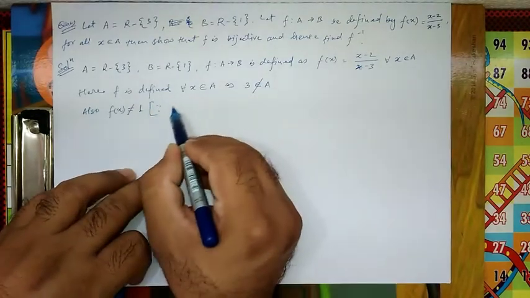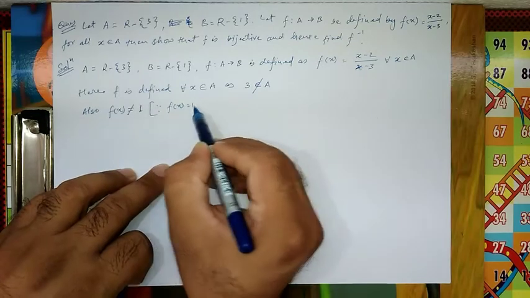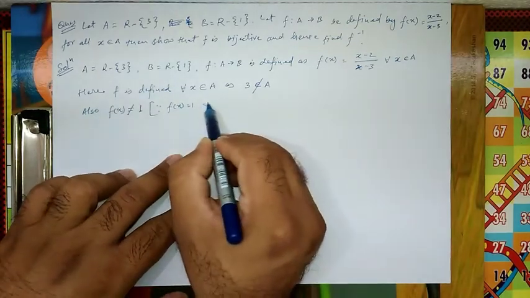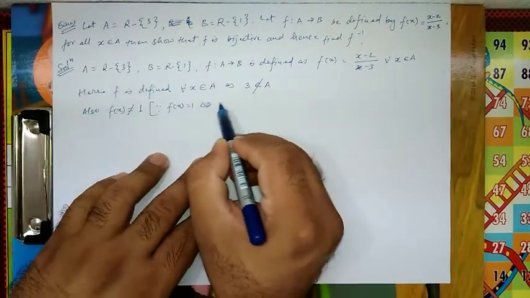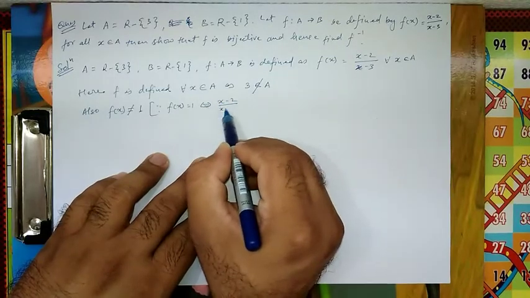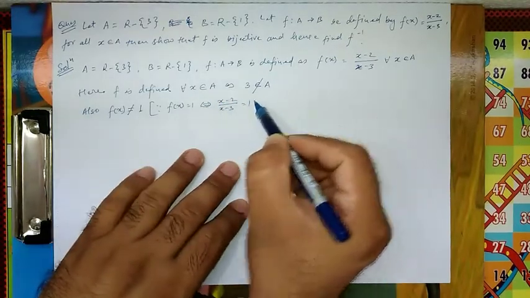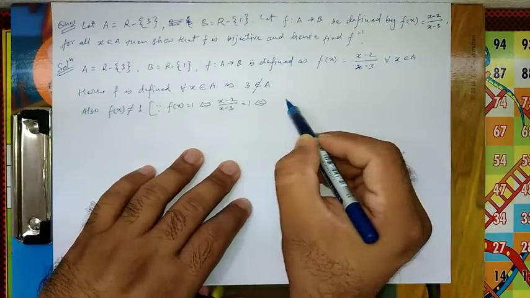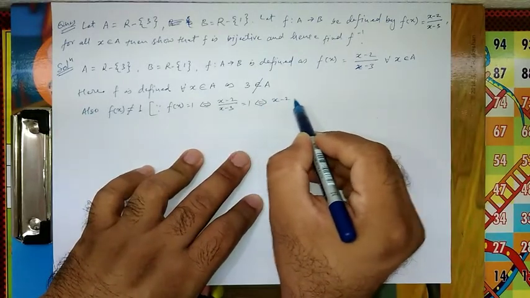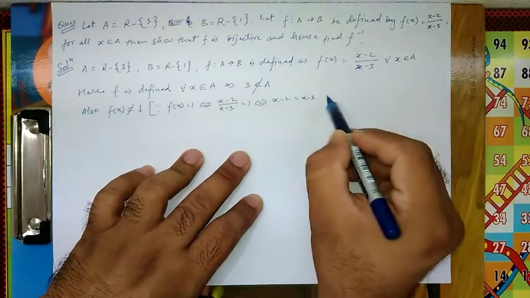Since if f of x equal to 1, that implies (x minus 2) by (x minus 3) equal to 1. That implies x minus 2 equal to x minus 3.